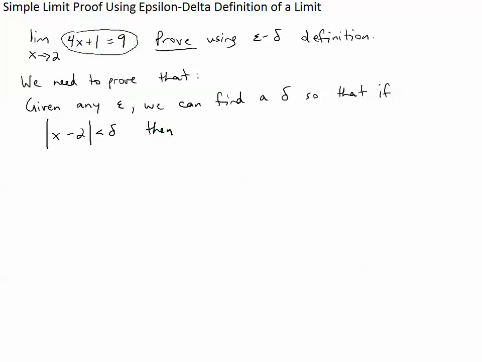These guys are within epsilon of each other. Then the absolute value of 4x plus 1 minus 9 is less than epsilon. So this is what we need to prove, okay?